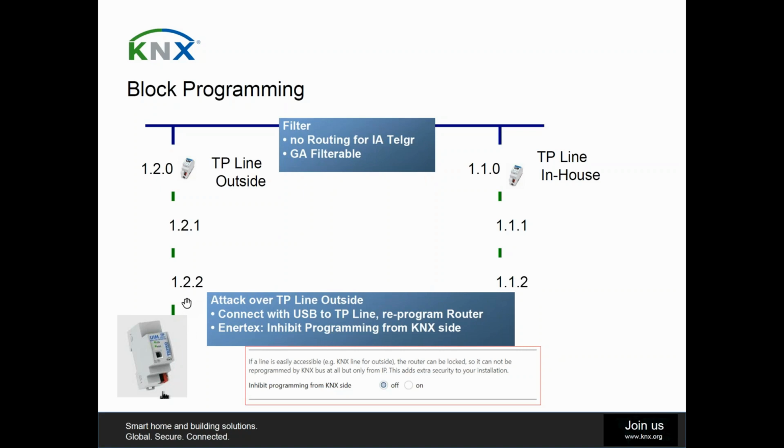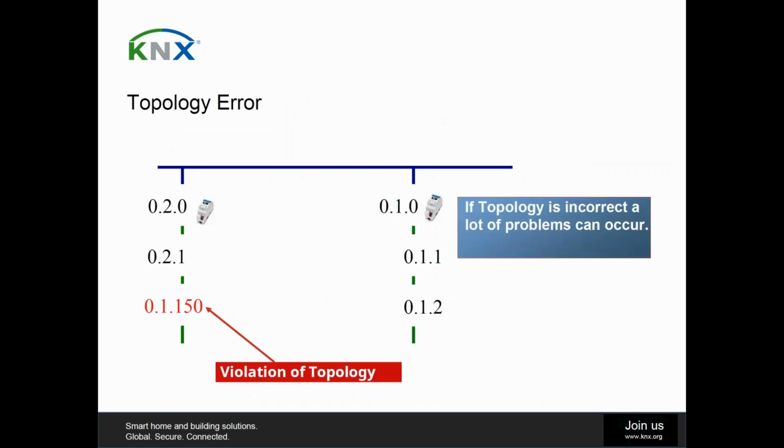If I block the filtering here, that would not be possible. But there could be an attack scenario where I really go on that line and reprogram the router if it's not secured. And for that, in our devices, we have for the plain mode the possibility to inhibit programming from the KNX side. So this is just an additional feature which is very comfortable.